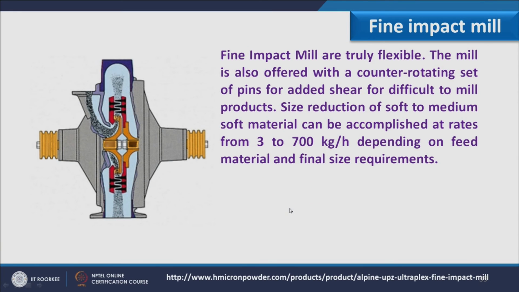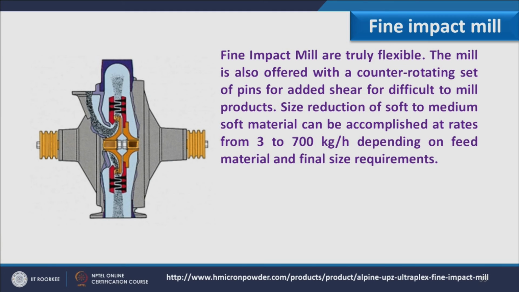And the next mill we have is the fine impact mill, which is again in the category of ultra fine grinders. Now, fine impact mills are truly flexible. The mill is also offered with a counter rotating set of pins for added shear for difficult to mill products.